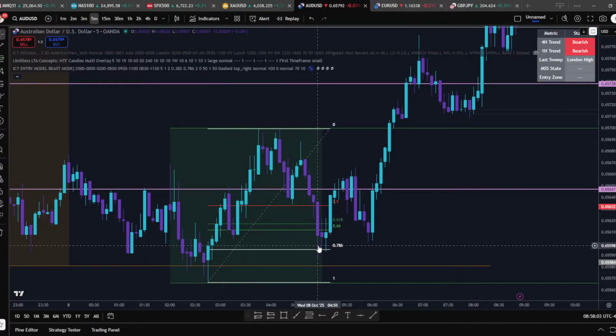That's the only difference. It went from the bottom of London to the top of London. We then came down into the OTE level, or the golden pocket area. It reacted from this level. Okay. It pushed up, up, up, and now it's come down to retest that level again.